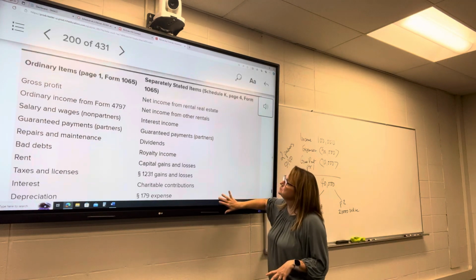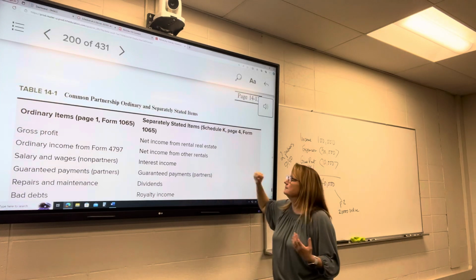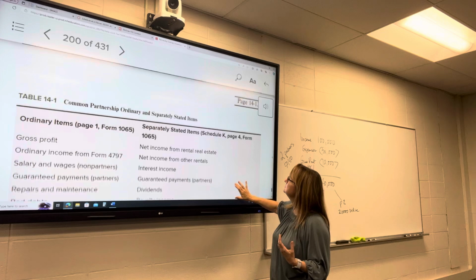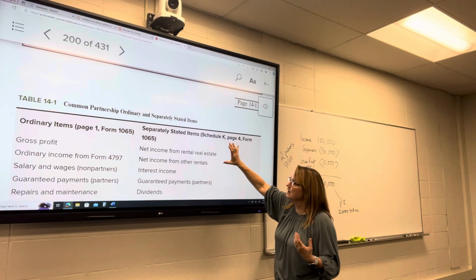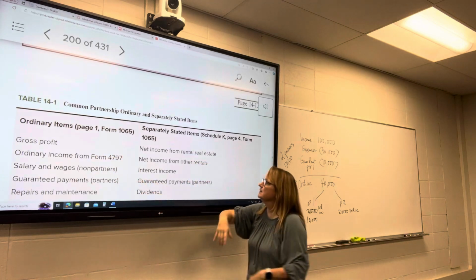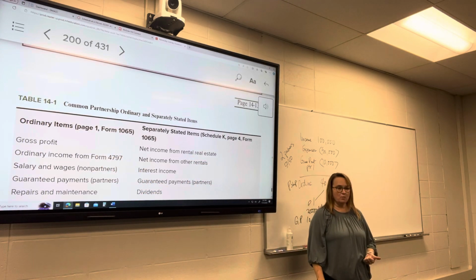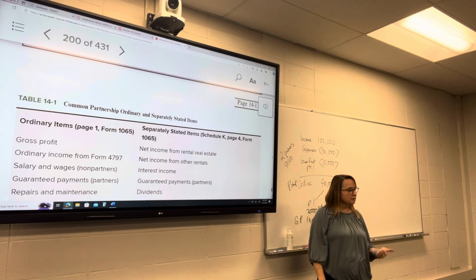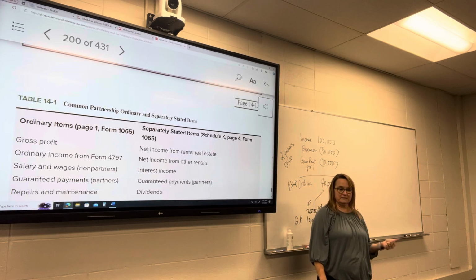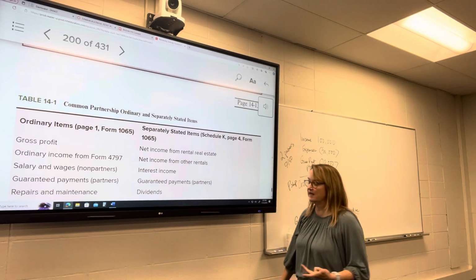And then these are what are called separately stated items. I'm going to talk a little bit more about that in this next section. Separately stated items are not part of this income. Again, all of these separately stated items are going to go on the K-1, and for each individual partner, the treatment of it may be different on their individual tax return. That's why they're separately stated. That's why we have to pull them out, because the treatment is different.